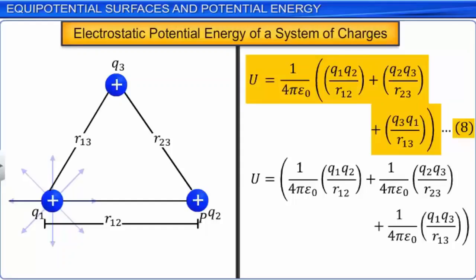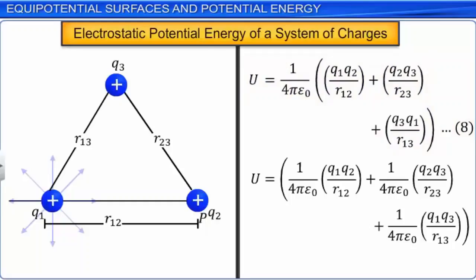This equation can again be written as U is equal to U12 plus U23 plus U13. Let this be equation 9, where U12, U23 and U13 are the electrostatic potential energies for the pairs of charges Q1, Q2, Q2, Q3 and Q1, Q3 respectively.